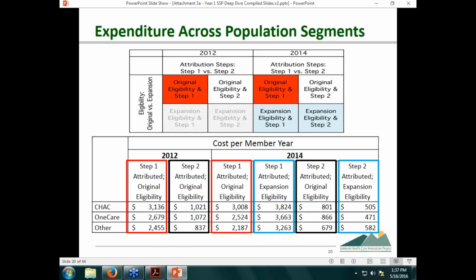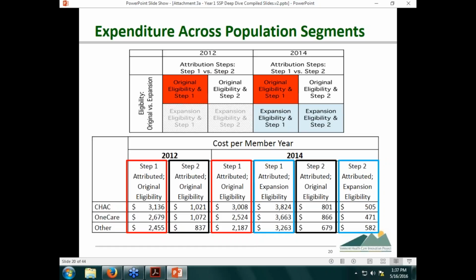On the flip side, when we look at that Step 2 attributed expansion eligibility group, you can see that they have much lower expenditure than either the Step 2 attributed folks in 14 or the Step 2 attributed folks in 12. And so that's the other side of the coin, where we're looking at folks who really didn't use much in terms of healthcare services in the total cost of care suite of services in the 2014 performance year.